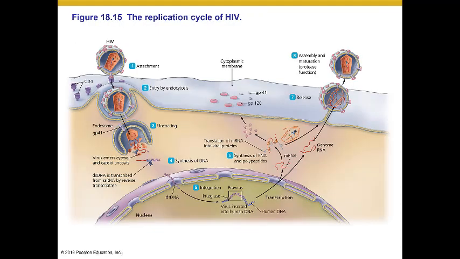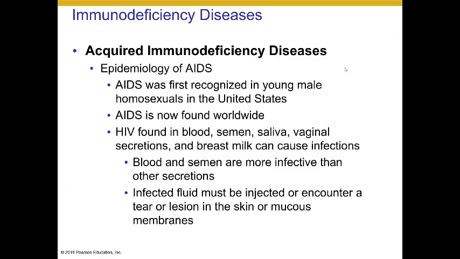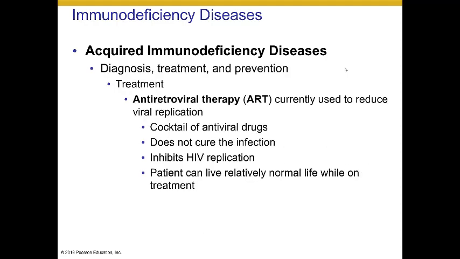If you can prevent attachment, prevent this fusion forming here of the endosome and the envelope, prevent insertion of viral DNA into the target cell chromosome, prevent assembly. Any of those things are going to help lower the replication of that virus, and therefore lower how much virus can be passed to other cells and passed to other people.